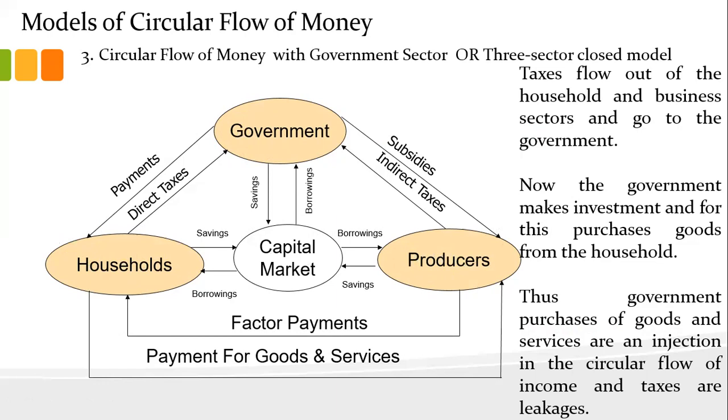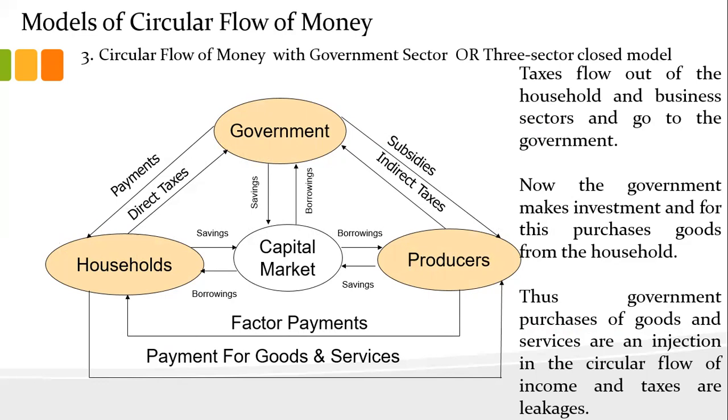So taxes flow out of the household and business sector to the government in terms of direct taxes and indirect taxes, and on behalf of that they get subsidies and other welfare services, household services like education, healthcare, and like LPG subsidies you are getting. Similarly, producers also get a lot of subsidies.